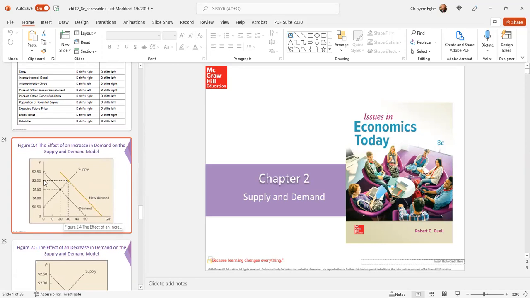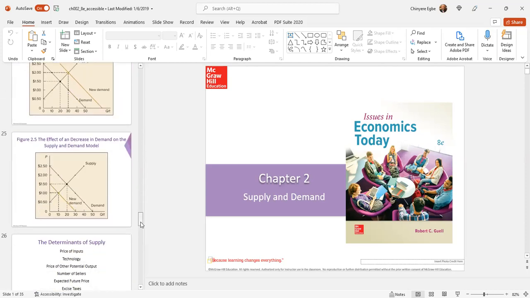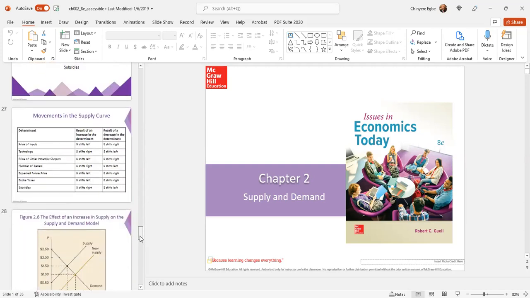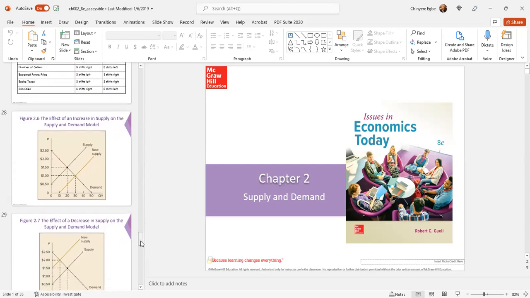And so equilibrium price will go up and equilibrium quantity will go up. Okay. If you have a decrease in demand, equilibrium price will go down and equilibrium quantity will go down. And so this seems to be a better representation. So I'm going to take off the old one and I put up the new one. Would that help?